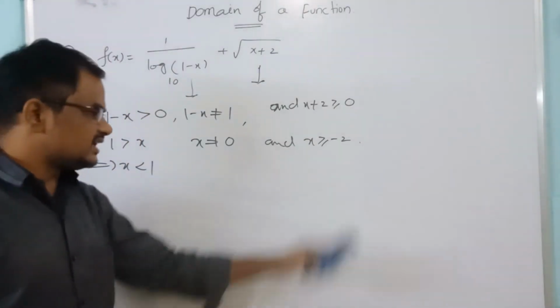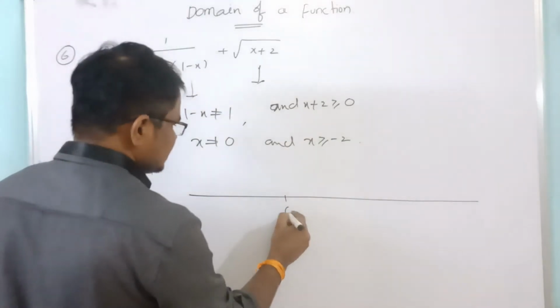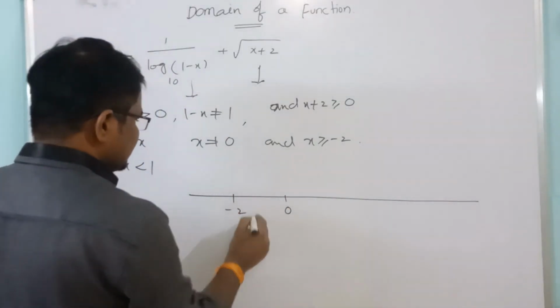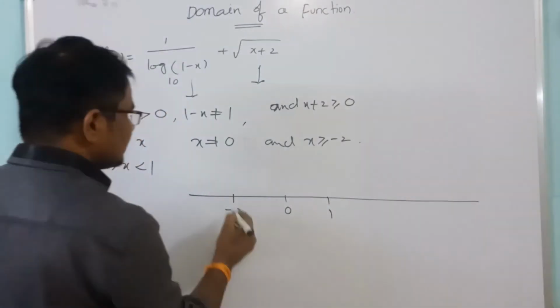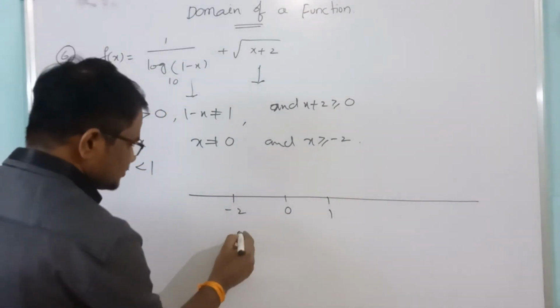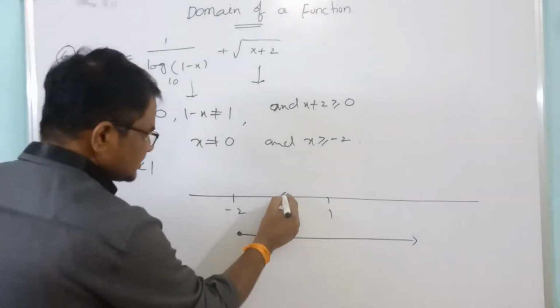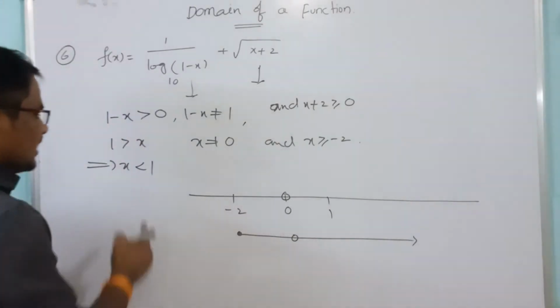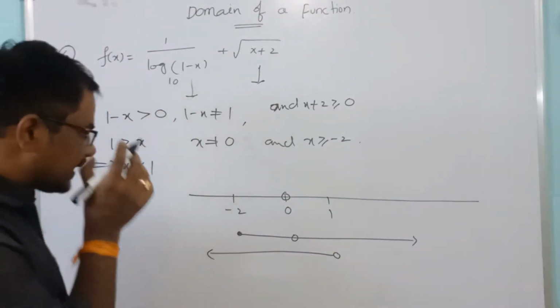So these three, take on the real number line. So this has 0 and here minus 2, here plus 1. So it is greater than or equal to minus 2. So from here, and in this one x not equal to 0 and x less than 1. So what is the common area?